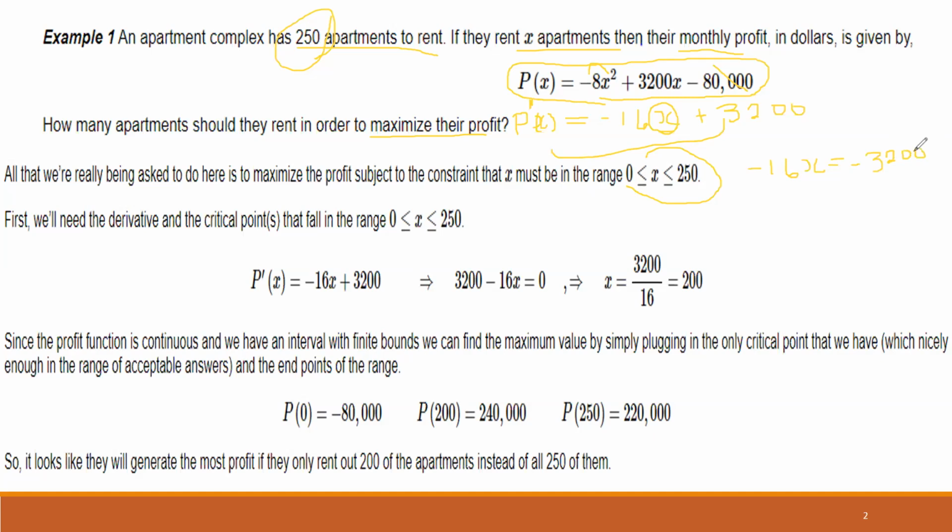And then we solve for x. x is equal to -3200 divided by -16, and that would be 200. So in order for us to have the maximum profit, we will have to rent out 200 apartments.